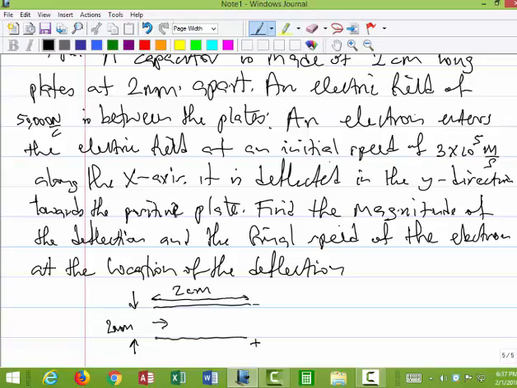So this is the target right here. So what you are looking for is this deflection delta y, and then the speed at that location where the deflection happens. So see if you can use the formulas that we've developed in order to find that deflection.